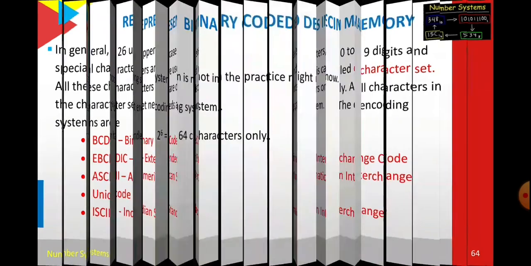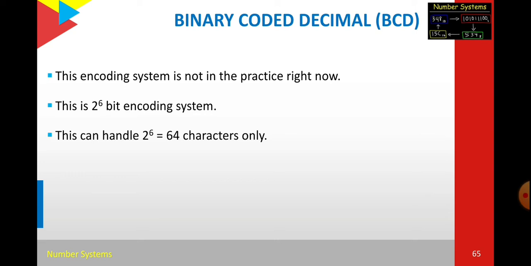This encoding system is not in practice right now. It is a 6-bit encoding system, so 2 power 6 equals 64 characters only can be represented in the computer.